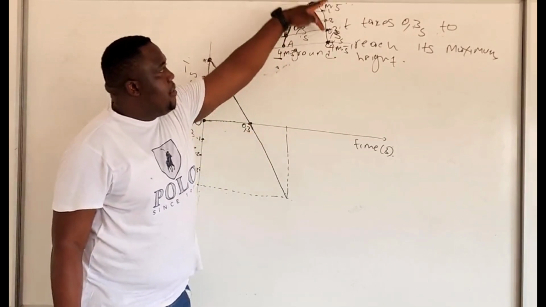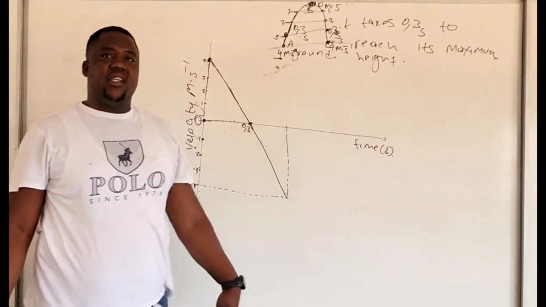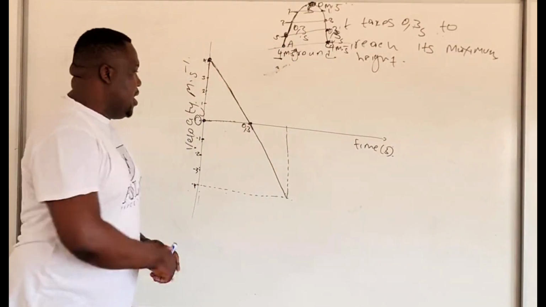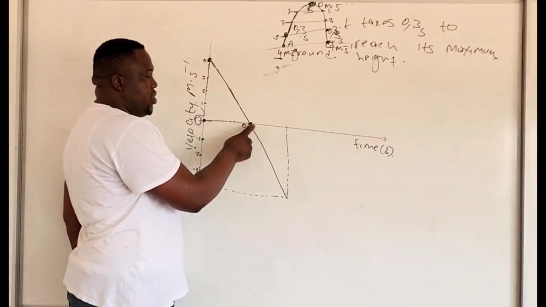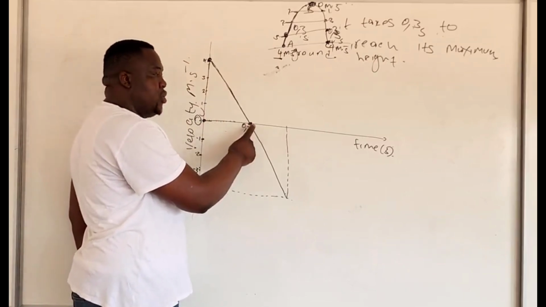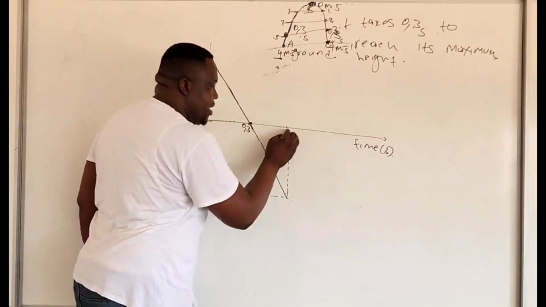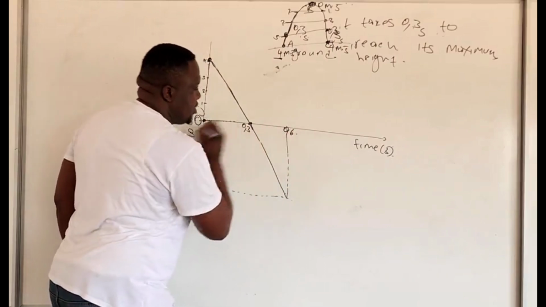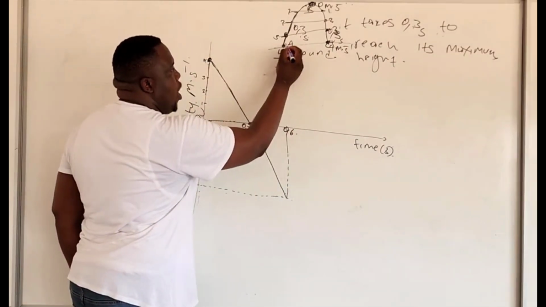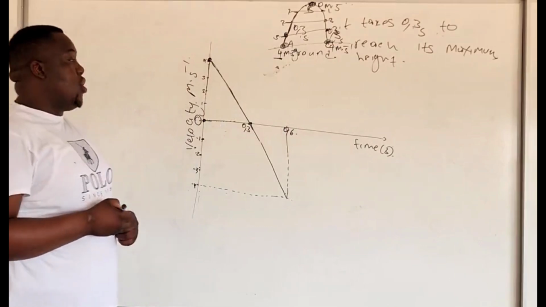What about coming back? If it took 0.3 going up, even coming down, it will take 0.3. So from 0 to the maximum height, it took 0.3. Then to come down, it will take another 0.3. It means 0.3 plus another 0.3 of coming down, which will become 0.6. So to go up and come back to its original position, it will take 0.6.